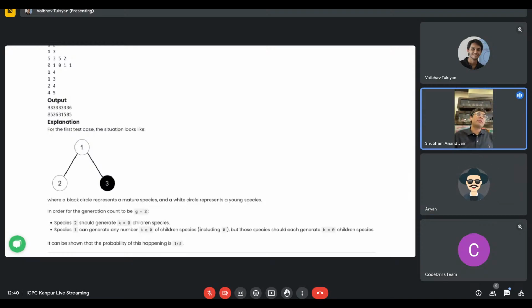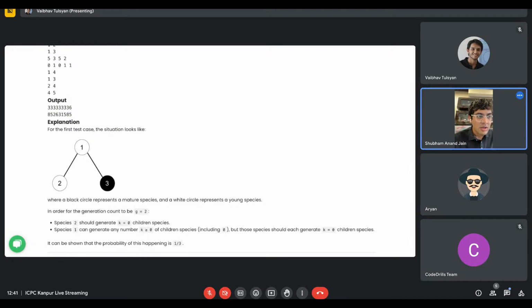But I guess suppose we can figure out the probability of getting less than or equal to G, right? Then you can solve the rest of the problem. Yes, because the rest of the problem is way simpler once you get this idea. This is the main hard part, and the rest of the math is easier.